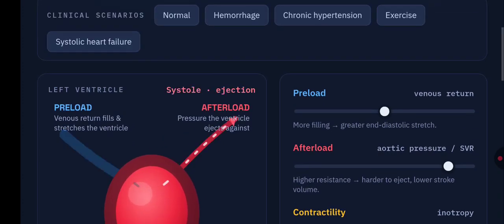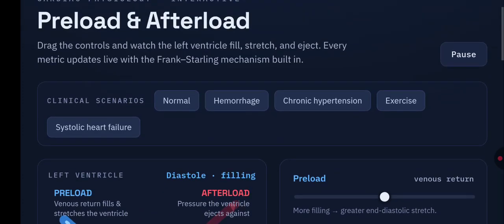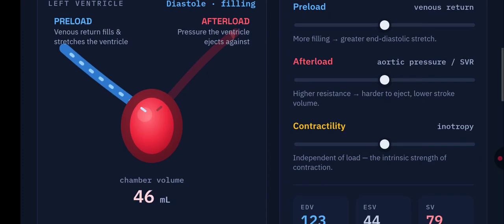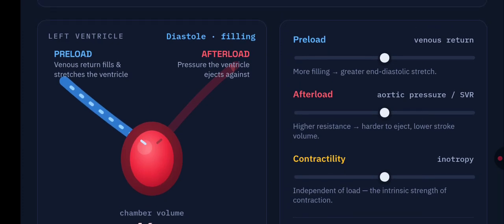Actually, the relation between all of them is important knowledge to differentiate between the different types of shock, because according to your understanding of the different types of shock and the reasons, your management will differ based on that.